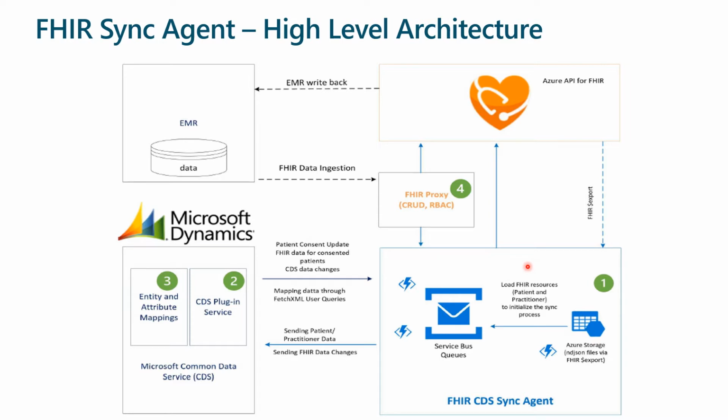At a high level, we have Azure API for FHIR, and at the bottom of it, we have a FHIR Sync Agent on Azure, the FHIR Sync Agent admin app, which is responsible for entity and attribute mapping, the plugin service from the platform, and finally, FHIR proxy in Azure. FHIR proxy serves as a middle tier application access and authorization endpoint. In the next few slides, we go through each of these components.